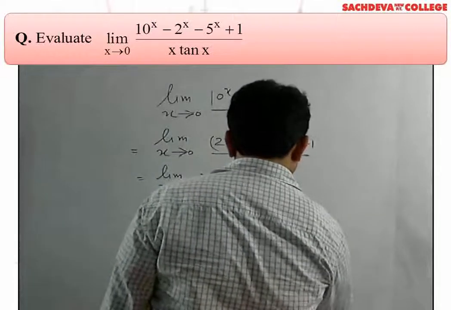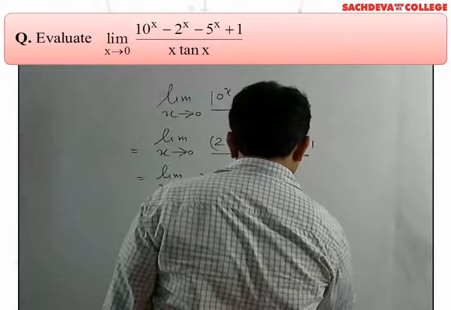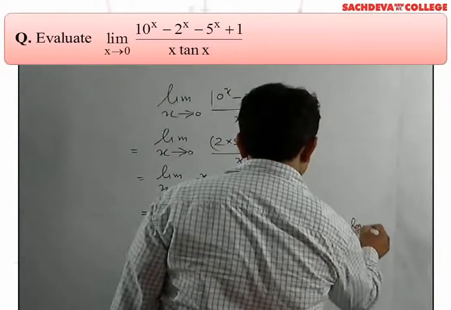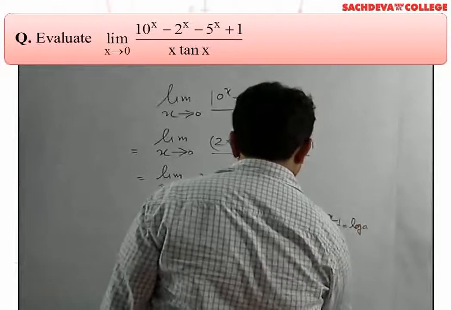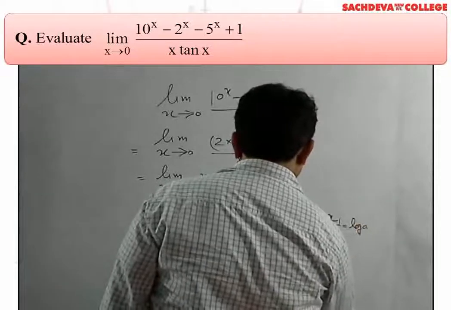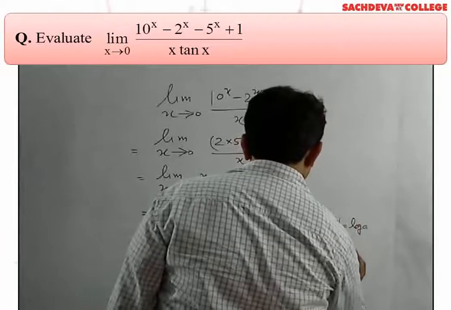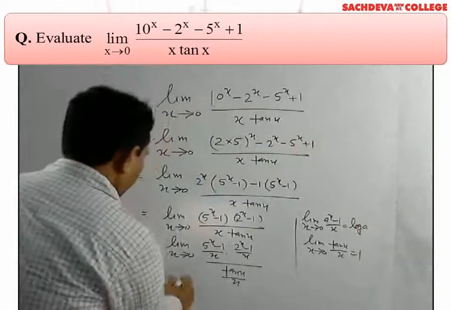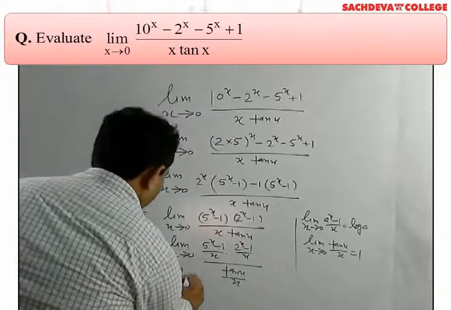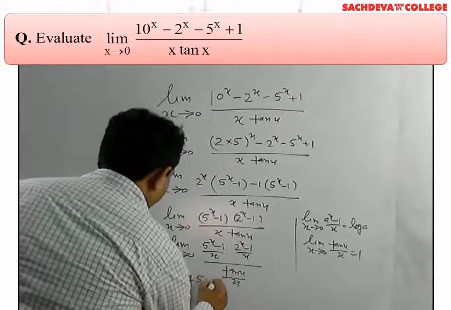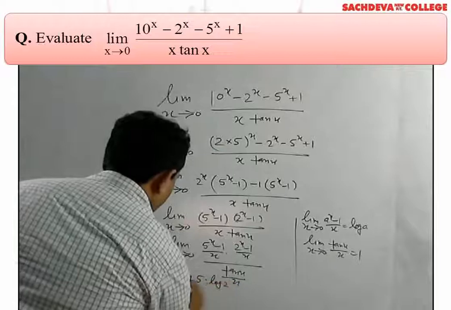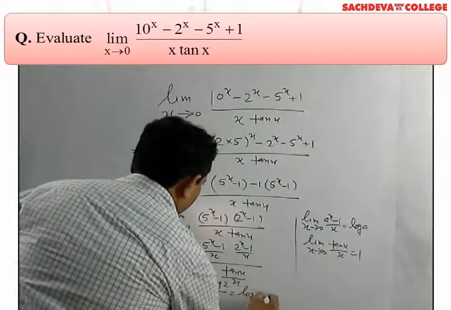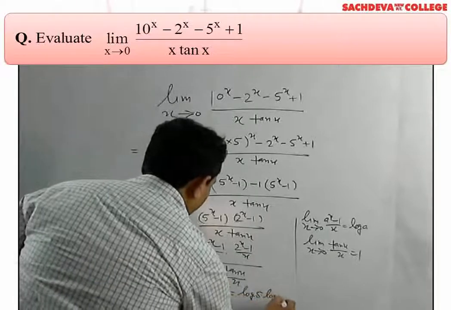We know that limit x tends to 0, (a^x - 1)/x is equal to log a, and limit x tends to 0, tan x upon x is equal to 1. Using these results, this will be equal to log 5 into log 2 divided by 1, and log 5 into log 2 is your answer.